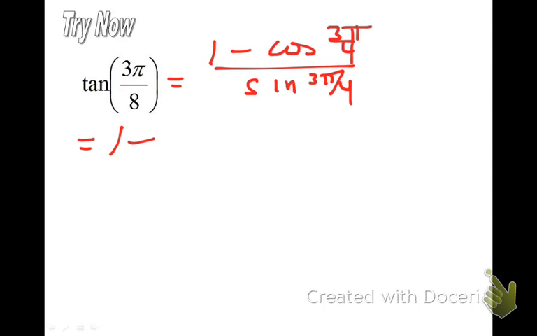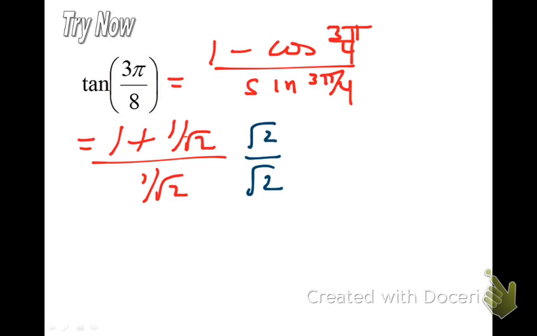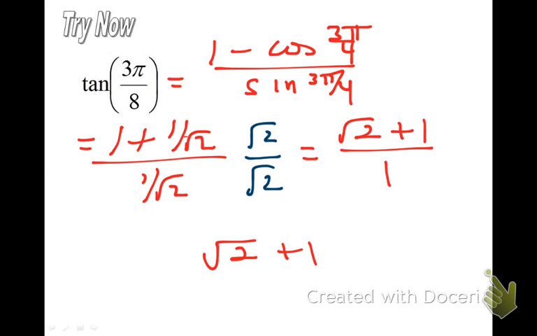And so that's going to turn into a plus sign. Sine is already positive in the second quadrant there, 3 pi over 4. I'm going to multiply top and bottom by root 2, just so that I don't have to have the double fractions here. So top and bottom by root 2's, and that'll give me root 2 plus 1 over 1, or simply just root 2 plus 1 as a final answer.